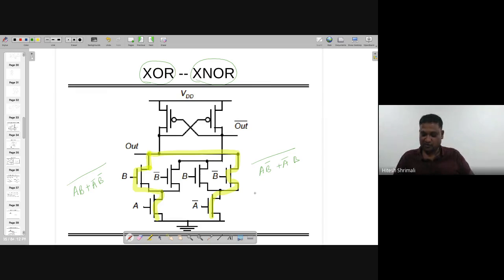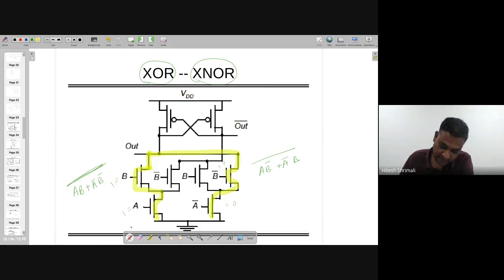Am I making any mistake? Because it's not making XOR and XNOR, because this is A and B. Because this is AB and this is A bar B bar, which is actually XNOR, but it has to be complemented, right? If A is 1, B is 1, or A bar is 0, B bar is 0, the output is equal to 0, right?